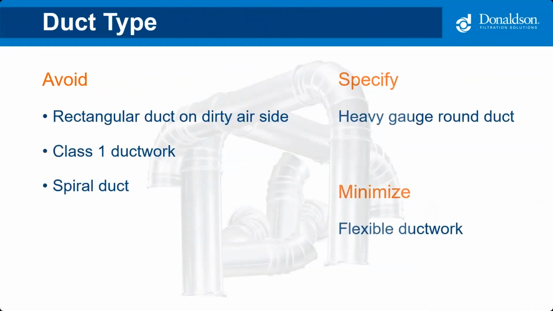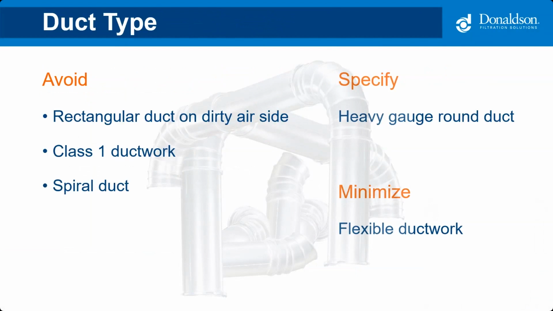So just a few pieces of advice when it comes to duct types. There's rectangular duct, which is commonly used in most HVAC applications, which is moving only clean air. We don't want to use it in industrial applications where dust settles out in the corners. Now, it's okay to use on the clean air side, though, because there is no dust in that airstream.